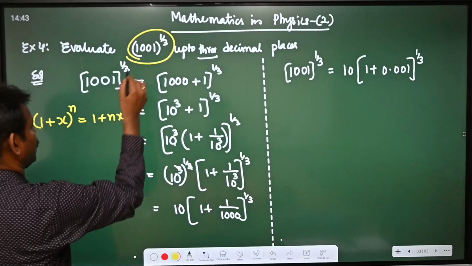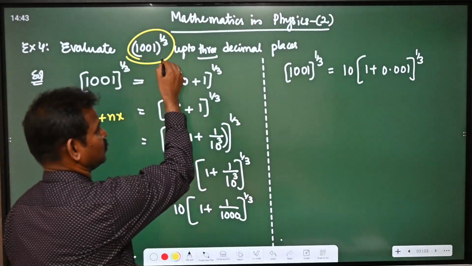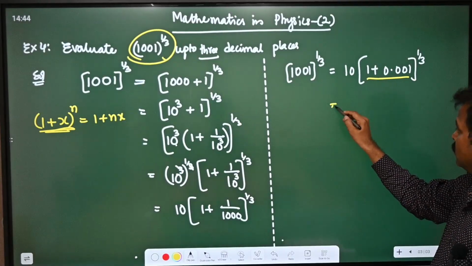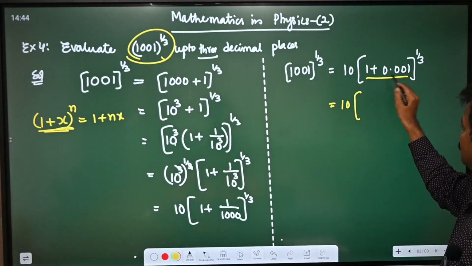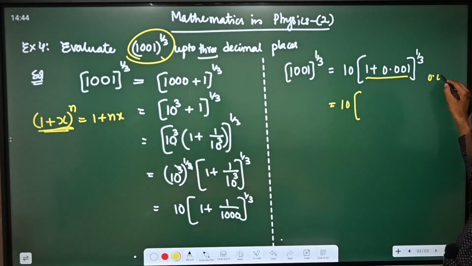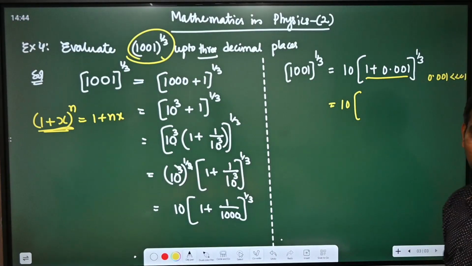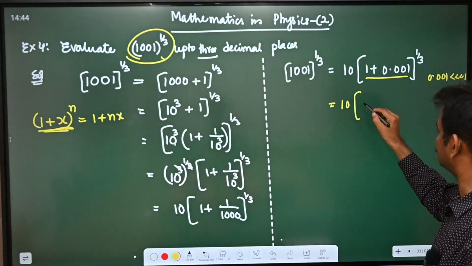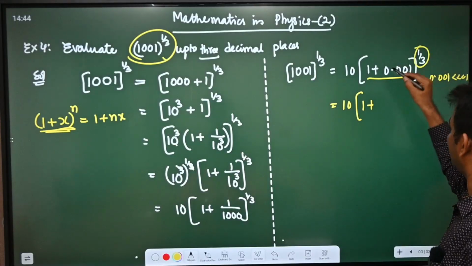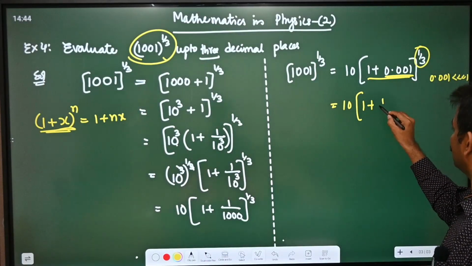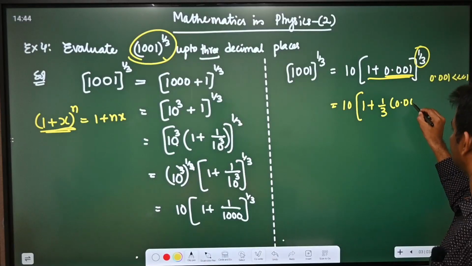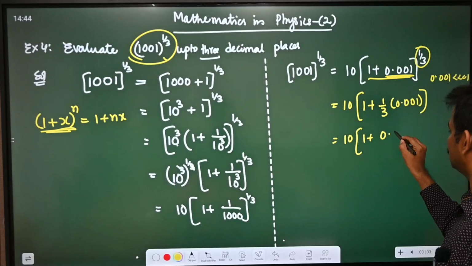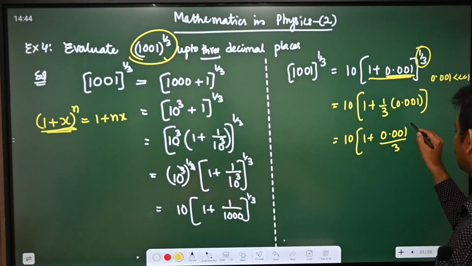The given number is not in this form, but we converted it into the required form, that is (1 + x)^n. So this 10 won't change. This is in the form, because 0.001 is much smaller than 1. So now we can apply (1 + x)^n = 1 + nx. Substituting, 1 plus, the power will come in front of this small number, 1/3 times 0.001. So this will become 10 (1 + 0.001/3).